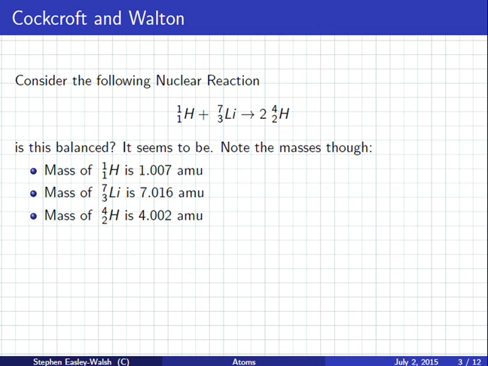So what's the mass on the right? You just saw that the mass on the left is 8.023 and the mass on the right is 8.004. So they're not the same. The mass is less on the right.